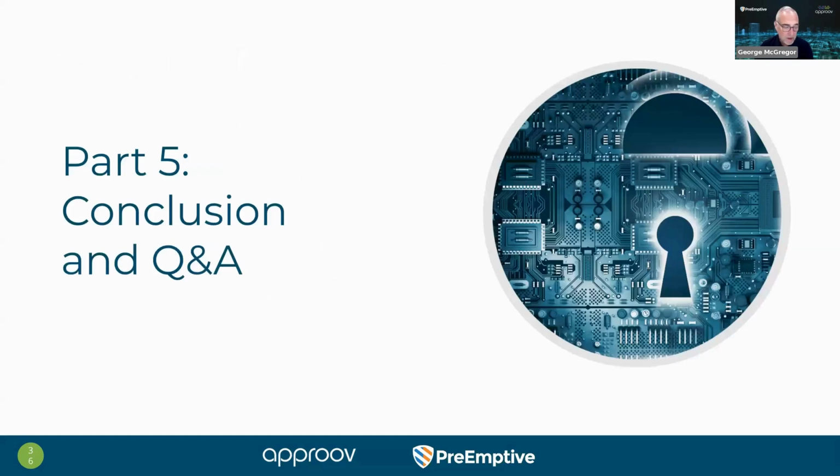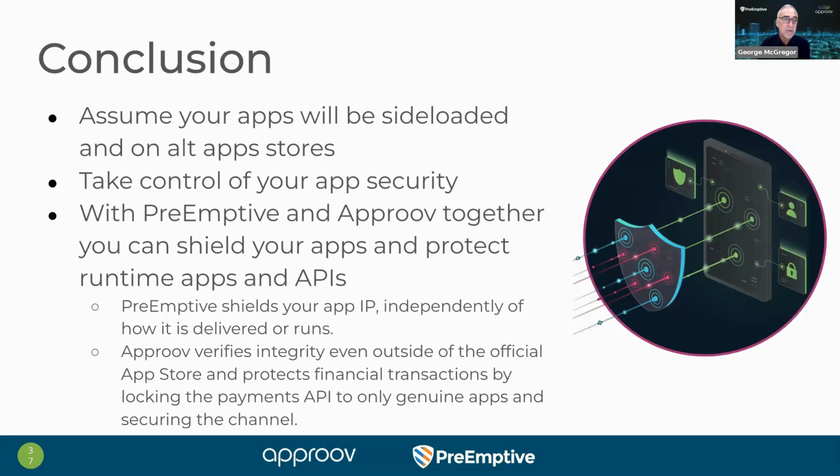Okay, so we're nearing the end here. We're going to talk just briefly in conclusion. We believe very strongly that your apps will be sideloaded and on alternate app stores, whether you like it or not. Whether you plan to use sideloaded apps or not, you should be prepared for different things trying to access your APIs, and people trying to mimic your application, if not directly copy and clone them.